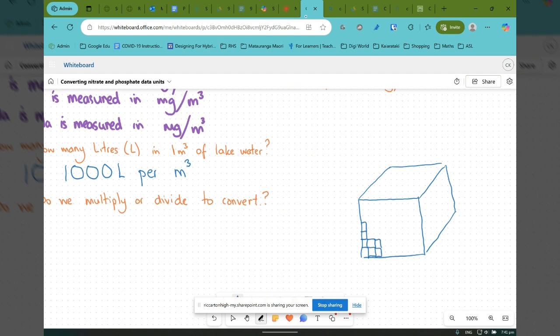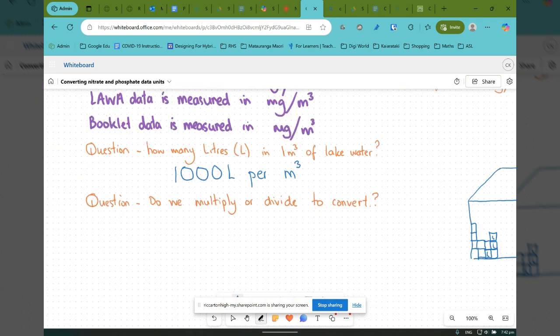Does that make sense? There's 1,000 of them. So if each of these is 1 litre, there are 1,000 of them, which means that we need to multiply our data by 1,000 to convert it into milligrams per cubic metre.